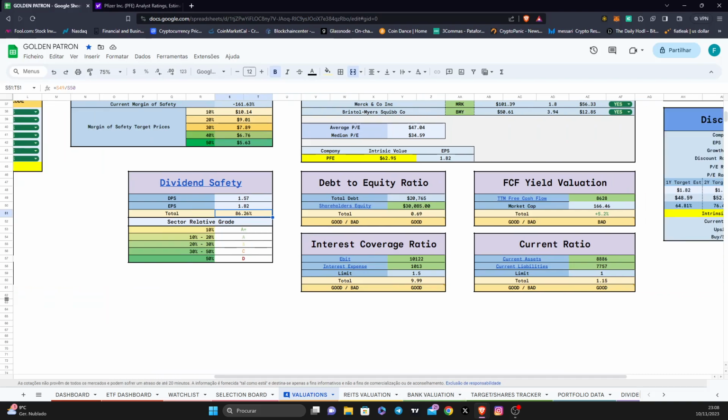So next we have the debt to equity ratio. The debt to equity ratio is a metric that gauges a company's capital structure by comparing its total debt to shareholders' equity, calculated by dividing total debt by shareholders' equity.